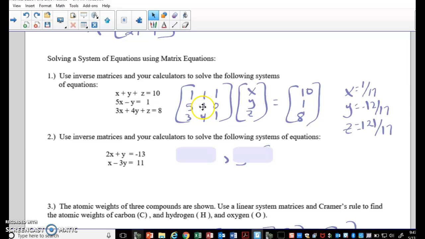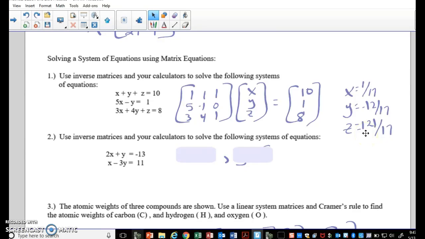Next one, 5, -1, and 0 z's, x, y, z is equal to 1. 3, 4, 1 times x, y, z is equal to 8. So we can set this up just like this, and then go through the problem using the inverse matrix. You're going to find the inverse matrix here, and then you'll be able to solve for x, y, z, and you'll get 3 outputs.